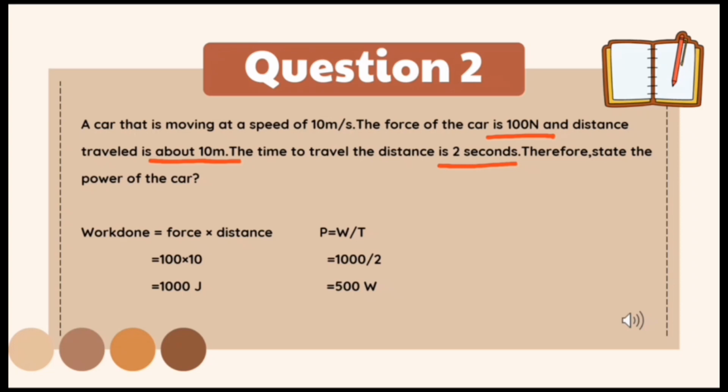The calculation is the same as the previous question, but here the work done should not be multiplied with 9.81 because the force is already given in Newton, so you must calculate 100 multiplied with 10, which is the distance. And the answer will be 1000. 1000 must be divided by 2 and the last answer will be 500 watts.